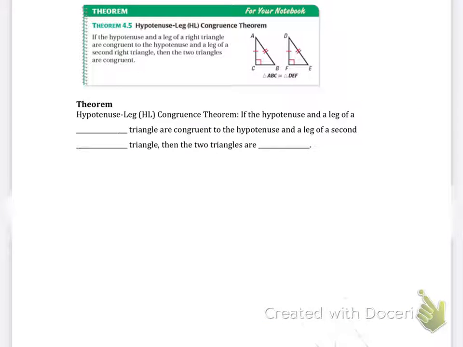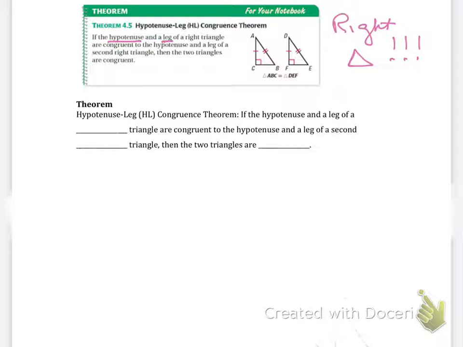Okay, here's another way to prove triangles congruent. It's called the HL congruence. Okay, the H stands for hypotenuse and the L stands for leg. And this only works if you have a right triangle. Okay, must have the right triangle in order to use HL.